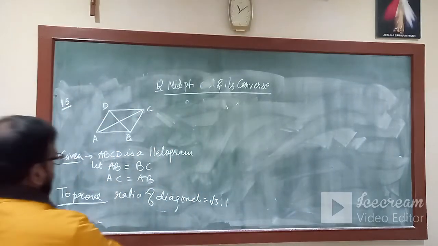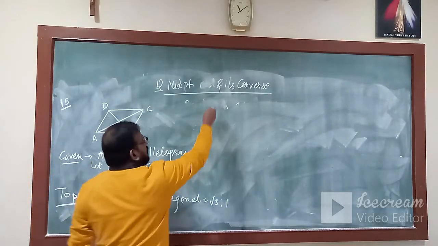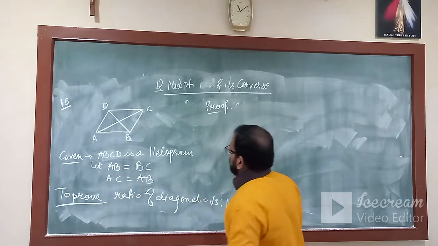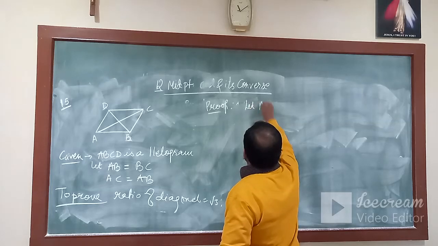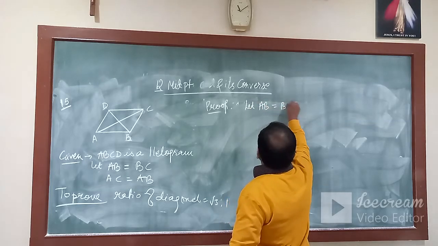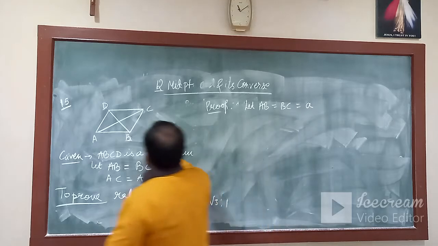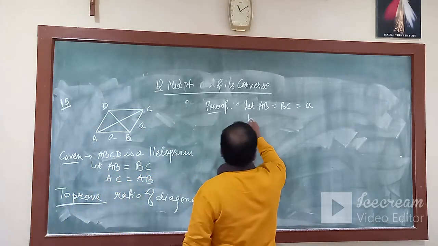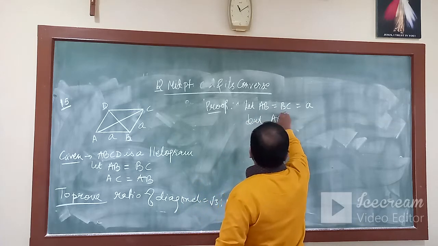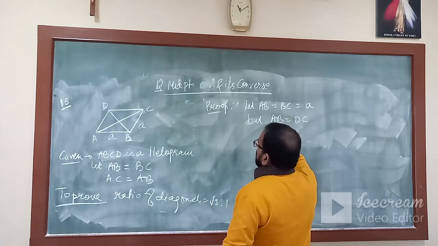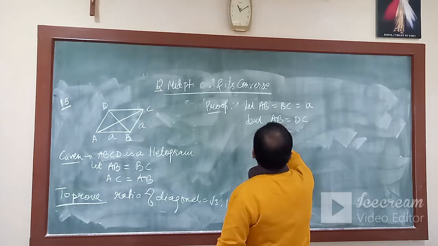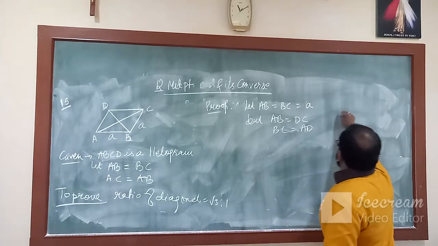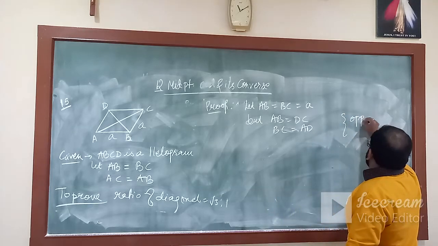Now what we are going to do? See what I will do. Let AB equal to BC equal to A. But BC equal to also AD, why? We know that these are the opposite sides.